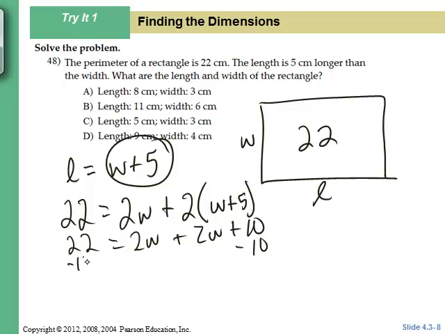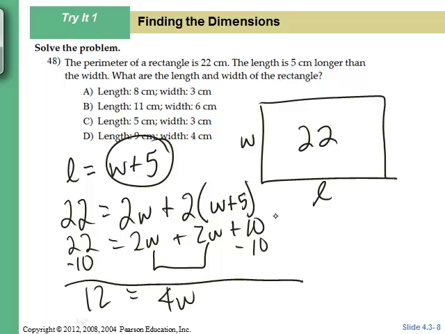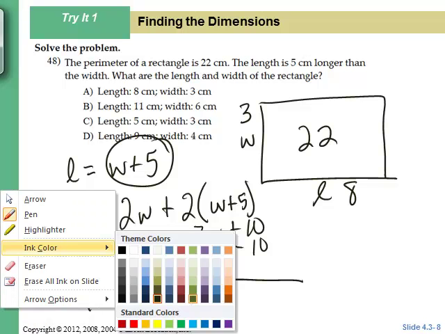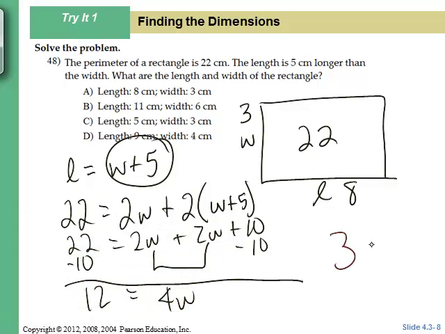Subtract 10 from both sides, and you get 4W equals 12, which means W is 3, and so the length is 8 because it's 5 more than that. So our answer is 3 by 8. Next one.